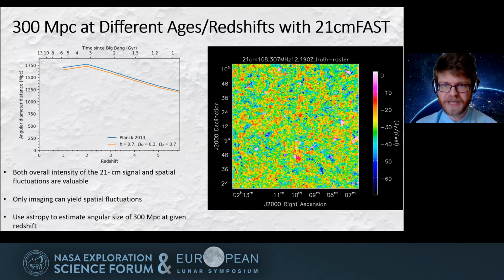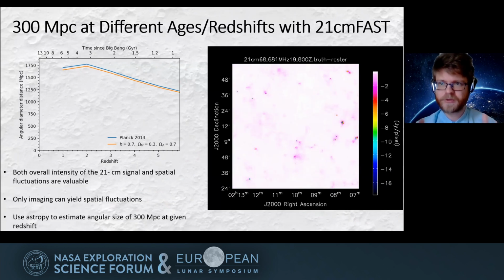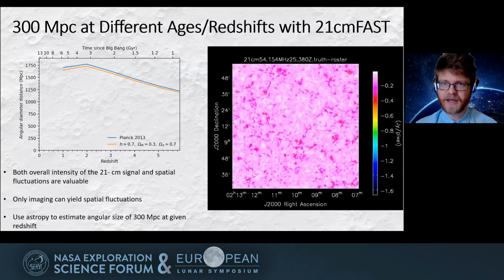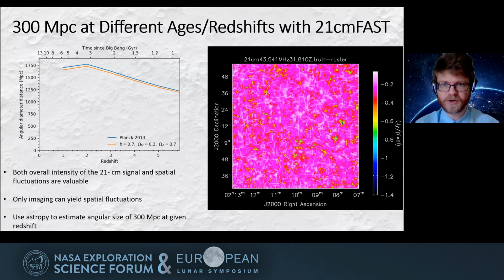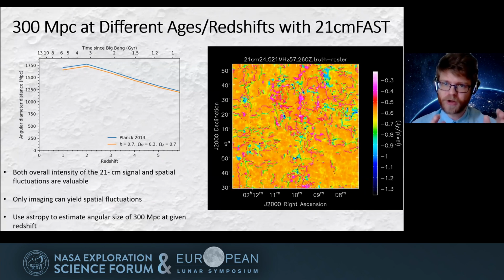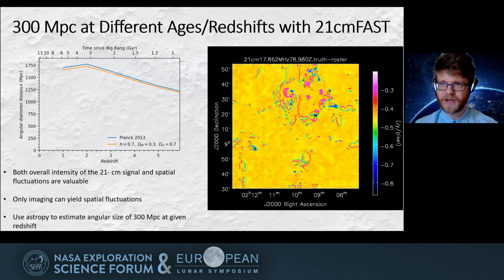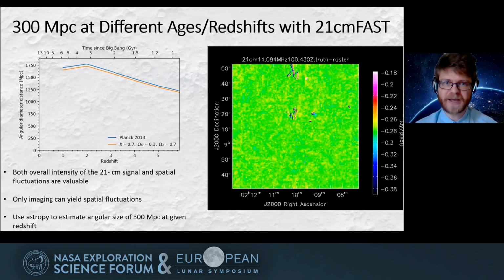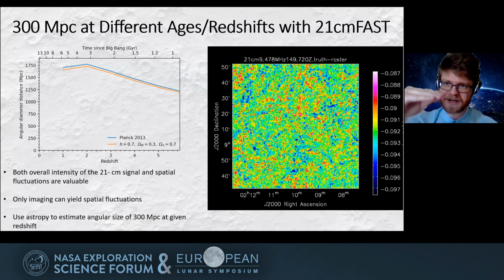Playing this image again, you can see that we're simulating 300 megaparsecs as a function of redshift, or age of the universe. You can see that this 300 megaparsecs is getting smaller and smaller as a portion of the field of view in the sky, so you see the axis slowly zooming in.